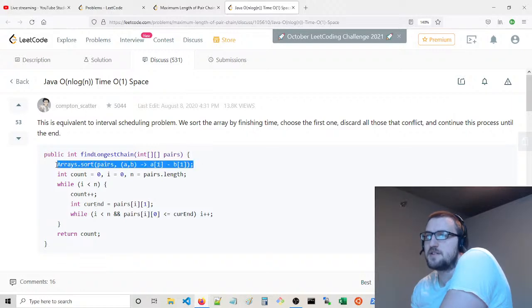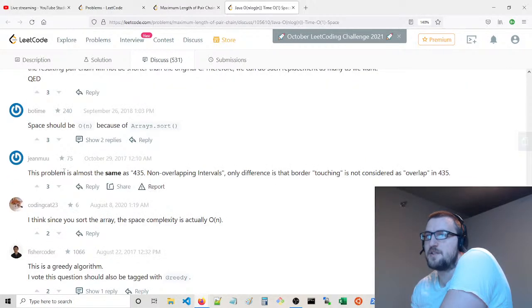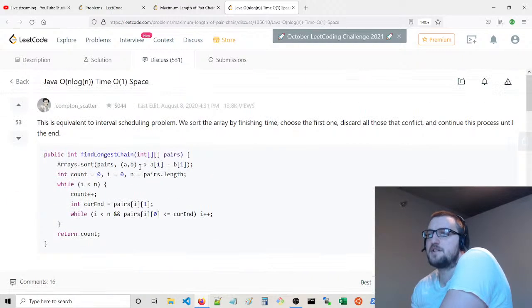This is actually not linear, O of n. It's interesting he said it's O of n because of array sort. It's actually not true. Or actually, if this is in place, then maybe it could be. If it's in place, then it's not O of n extra space, but if it's not in place, it might be.